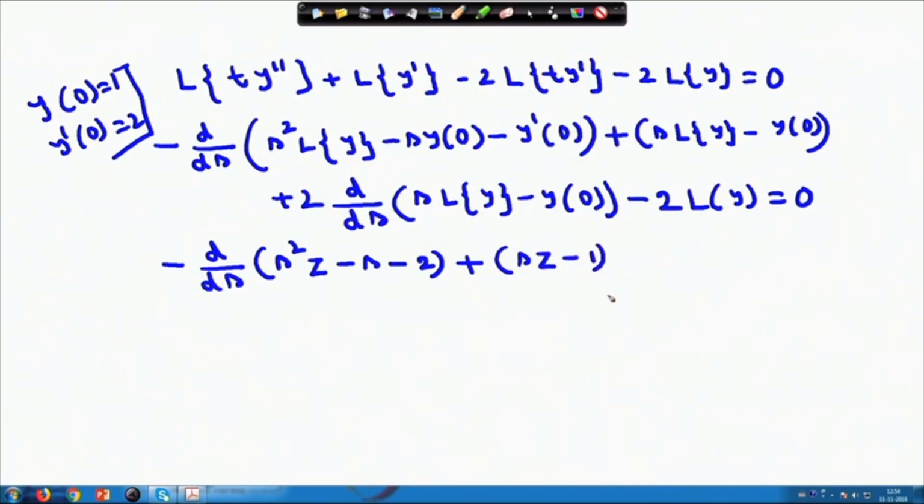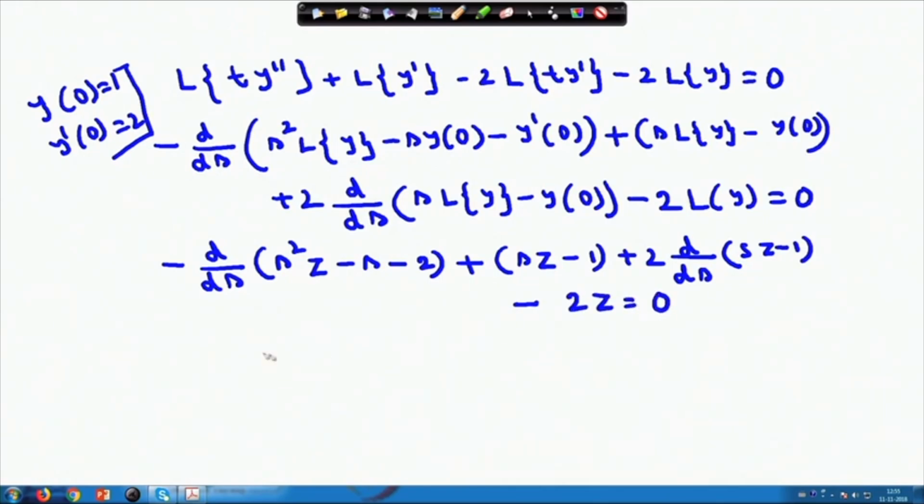I am not explaining this because you can find it out very easily, plus 2 into d d s of s z minus 1, minus twice z equals 0.